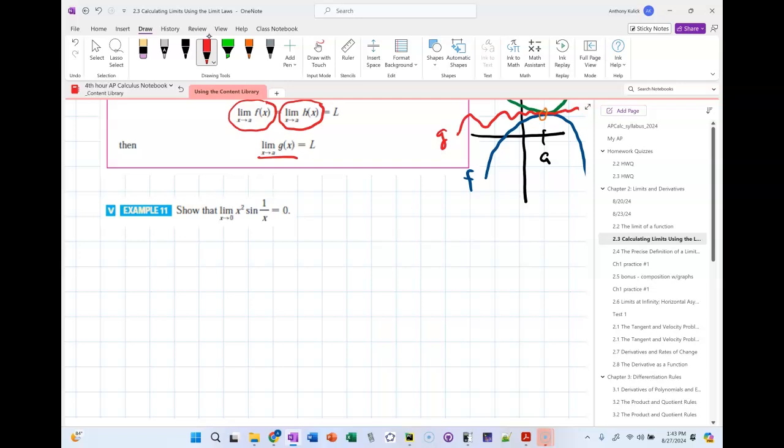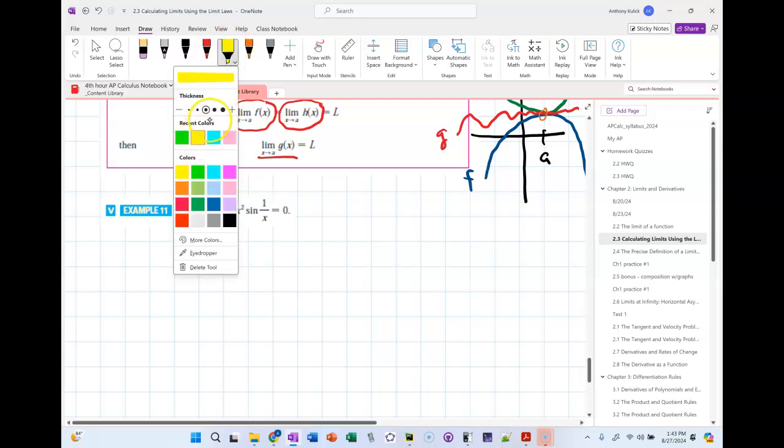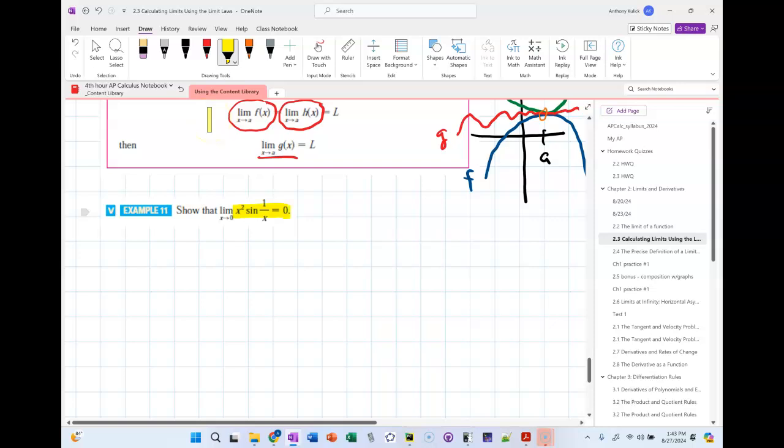So what I want to do is set up a squeeze theorem to go around this. Whenever I have one of these squeeze theorems that involves a trig function, I'm going to start with the trig function piece and try to build out my f and h using that. So I'm just going to start with sine.